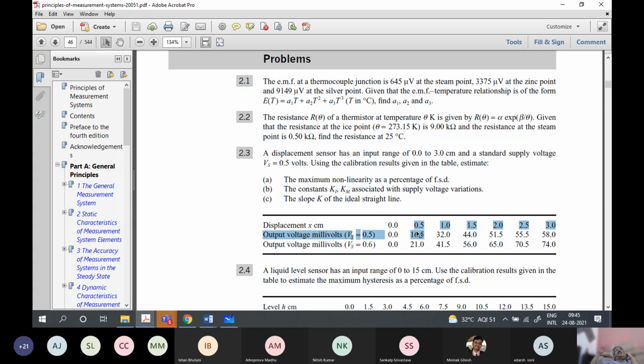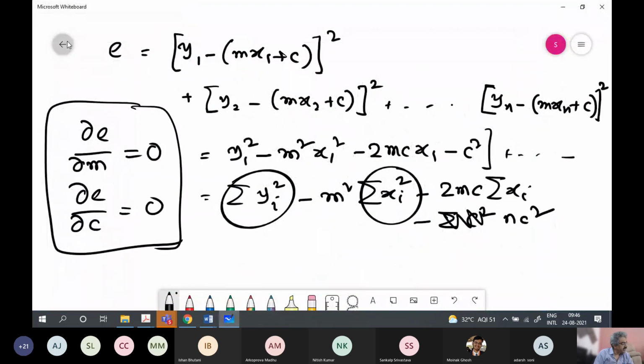Actually, it will be the... well, yeah, this is very interesting. Let's draw a figure. New page.